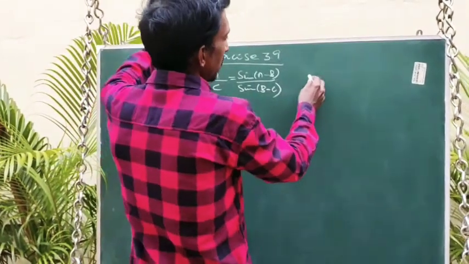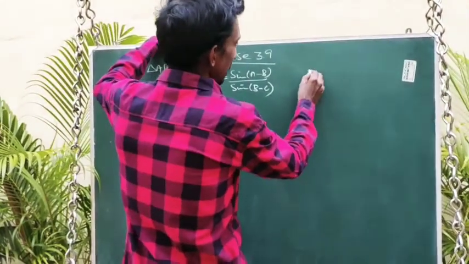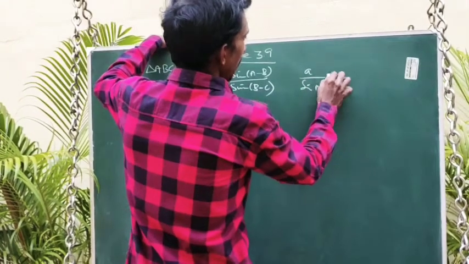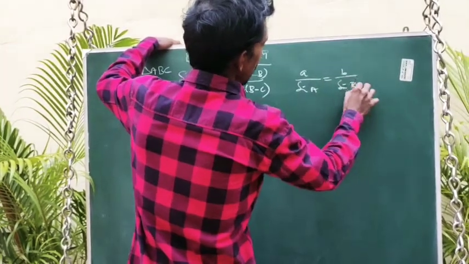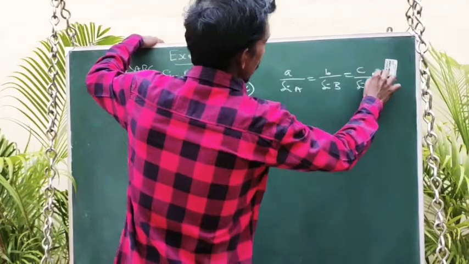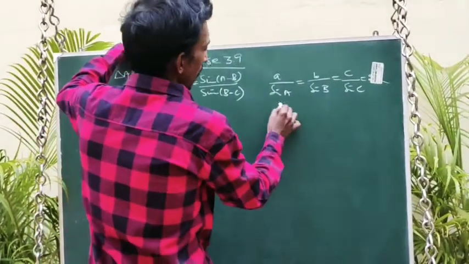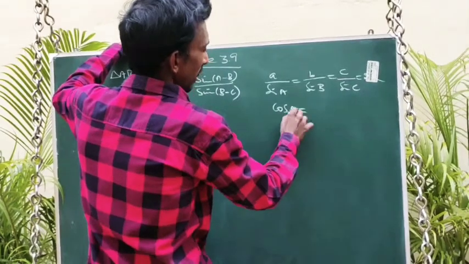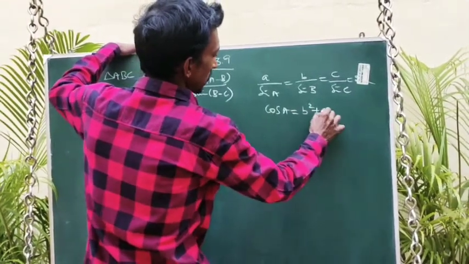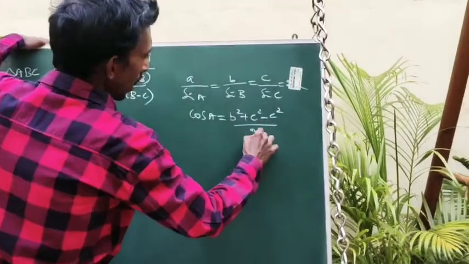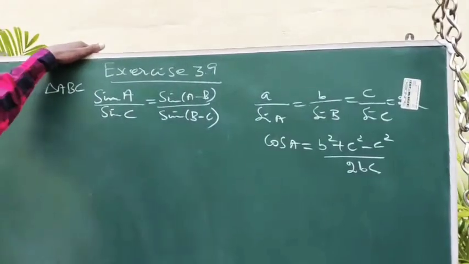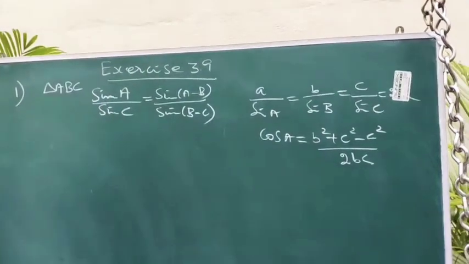The sine formula is a by sin A equal to b by sin B equal to c by sin C equal to 2R. And the cosine formula: cos A equal to, in cyclic order, b square plus c square minus a square by 2bc. So most probably we are going to use these two formulas.